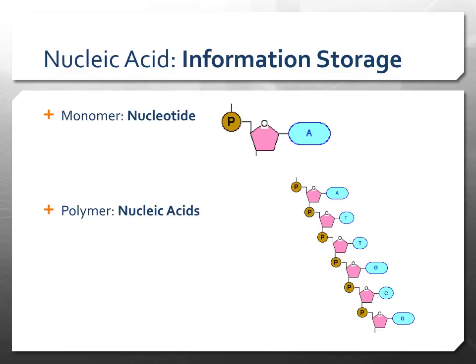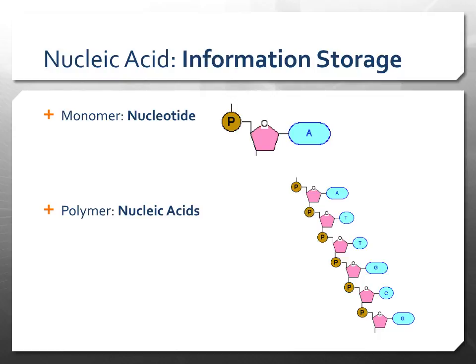Okay, now if you take this structure and you add it to other nucleic acids and you make a chain, what do you notice? It looks like this backbone is always the same. Phosphate, phosphate, phosphate, and then sugar, sugar, sugar, and what changes is the base.